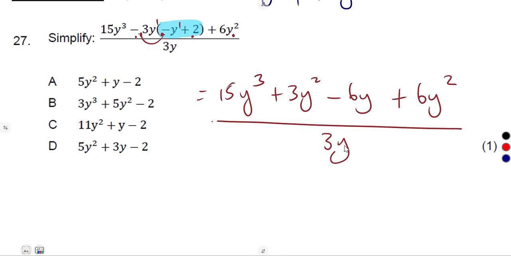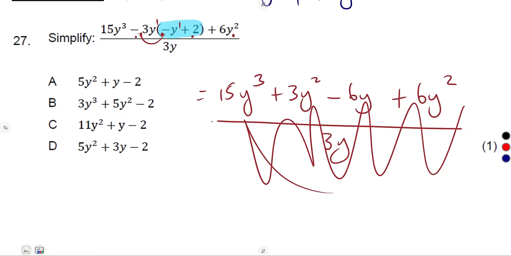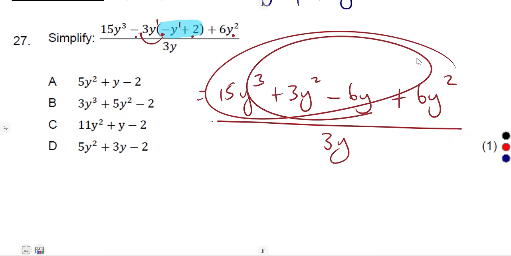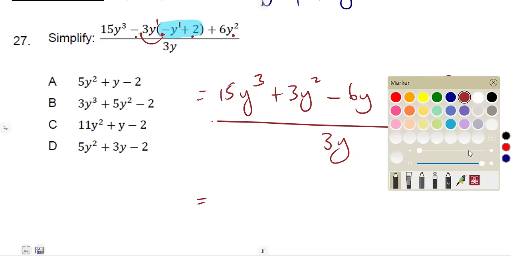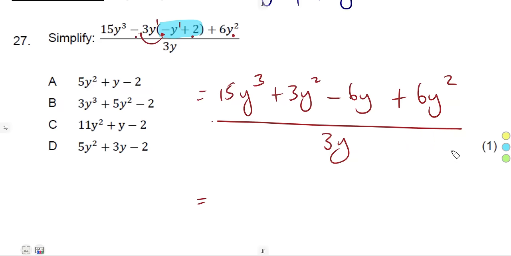Everything over 3y. Before we say, let's divide each and every term by 3y, guys. Try to simplify the numerator. Where there are like terms, simplify them. Such as here, the 3y squared and the 6y squared. Those are like terms. 3 plus 6.